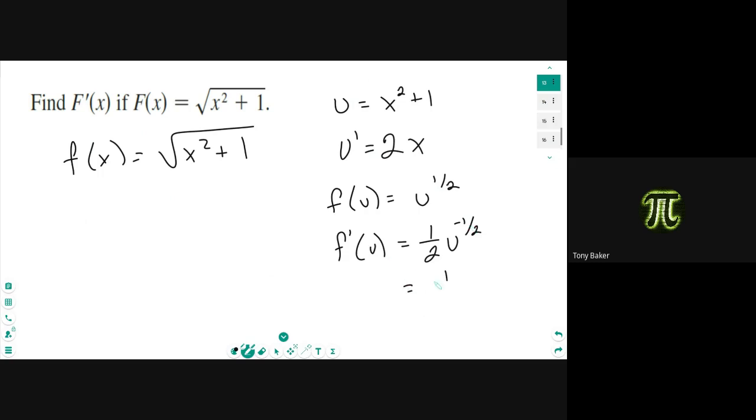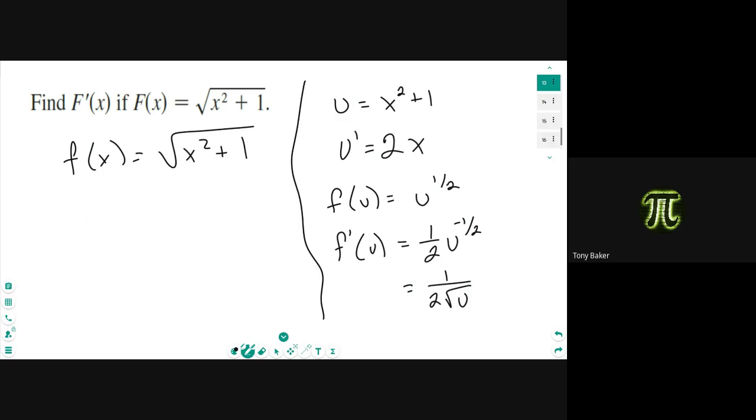And we can change that to 1 over 2 square root of u. So the question is, are we good on this side? Everybody understand where I got the u prime, the f of u, and the f prime of u? Yes? Plug in 2x for two.